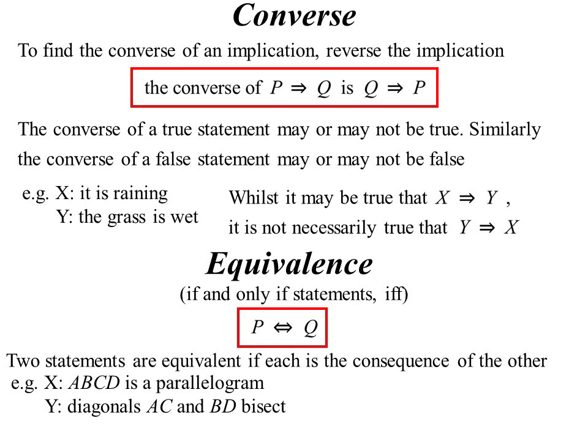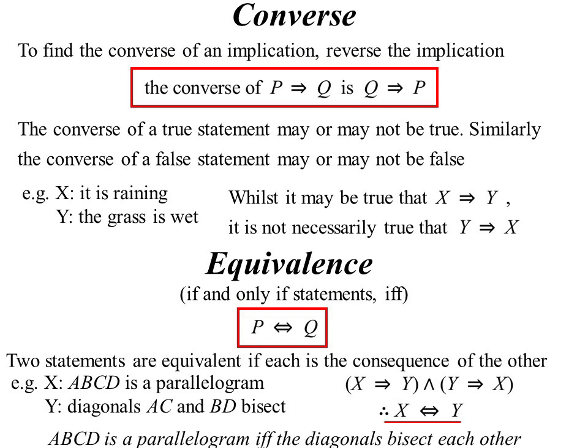If I wanted to prove something is a parallelogram, I could show that the diagonals AC and BD bisect each other. So if AC and BD bisect each other, I could conclude that the shape was a parallelogram. So it works both ways. They are equivalent statements, if and only if statements. So X is equivalent to Y. In words we'd write it with the IFF: ABCD is a parallelogram if and only if the diagonals bisect each other.